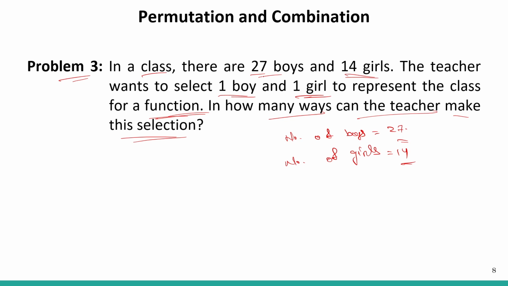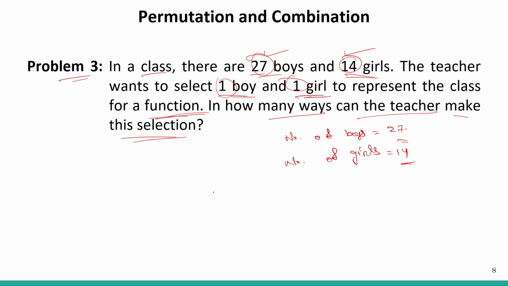So in a class there are 27 boys, 14 girls, right? The teacher wants to select one boy and one girl to represent the class for a function. How can I choose one boy from 27 boys? Here only one boy is selected, so choosing or permuting doesn't really matter, because we are selecting one, so there is no different order.